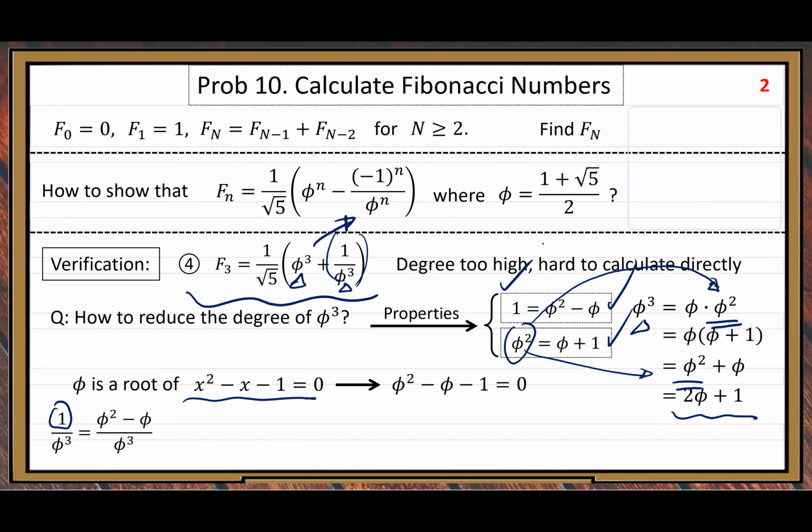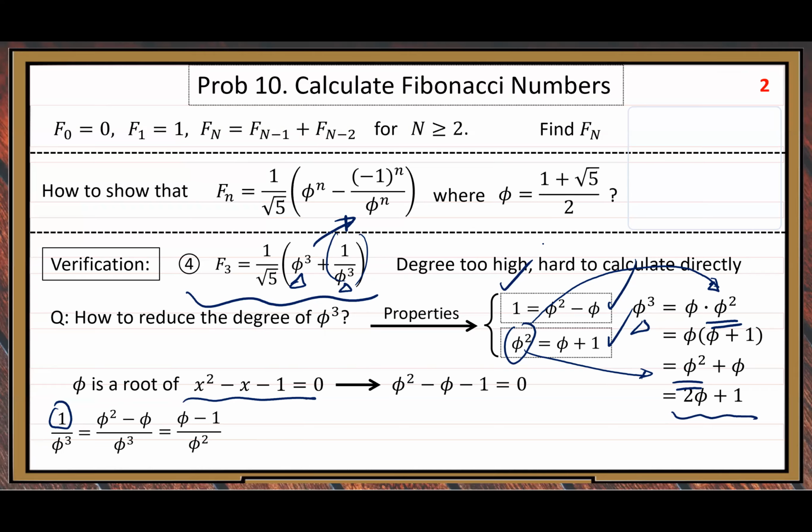If we do that substitution, you can see that both the numerator and denominator have a common factor. Phi is their common factor. You can do cancellation. After cancellation, the degree of the new denominator becomes lower.